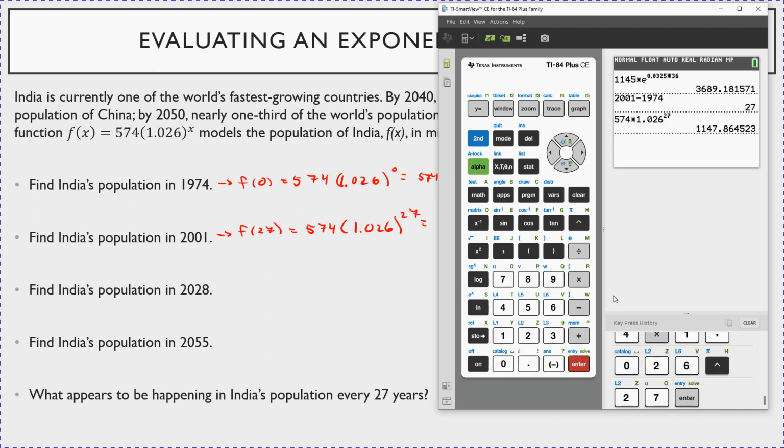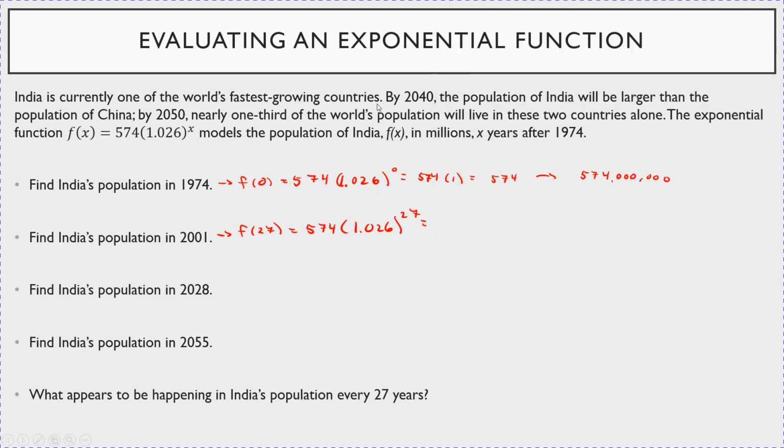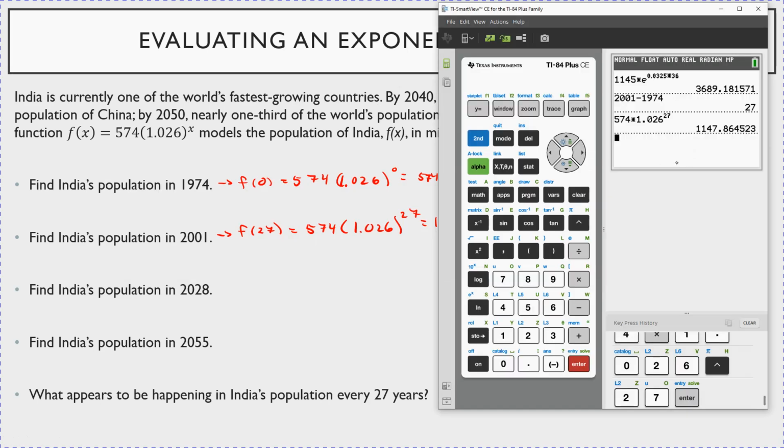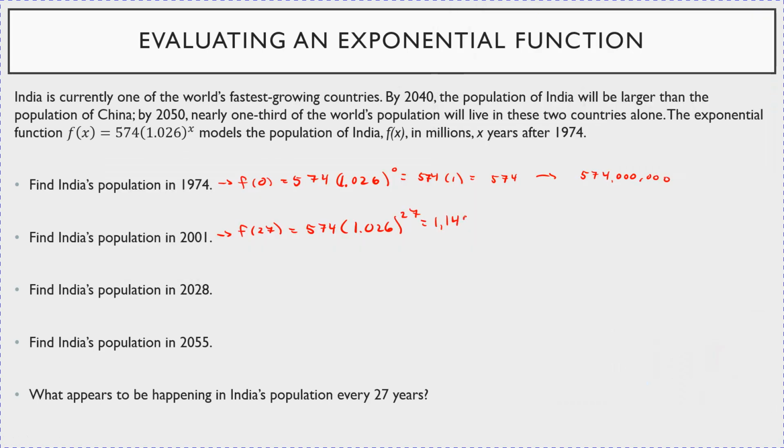I'm going to round this off just so we're clear. This is 1,148 when I round it. So that means there would be this many people living in India in 2001. So this is 1.1 billion.